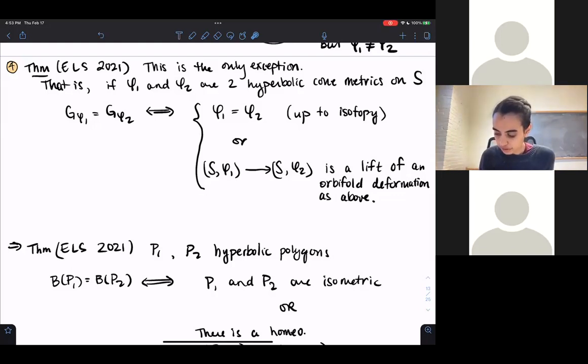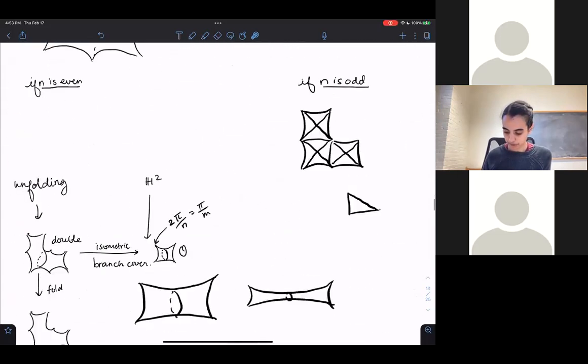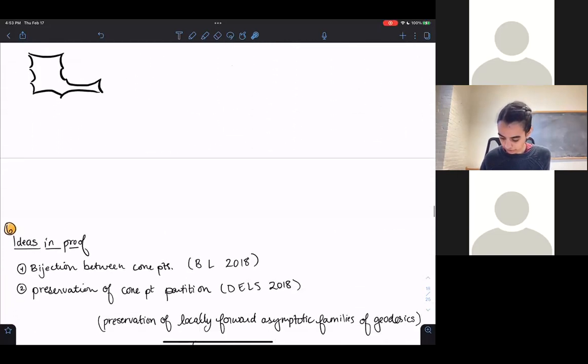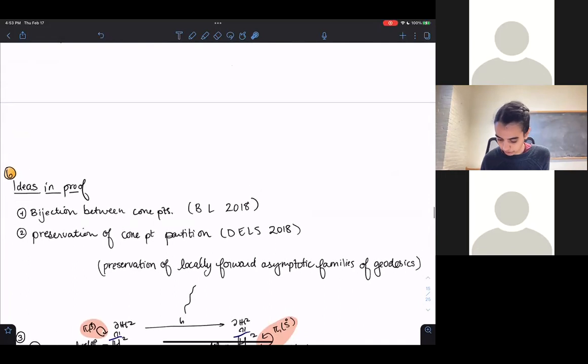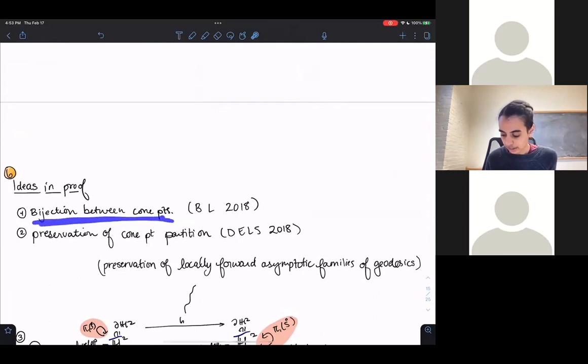Okay, so the first step here is that we want to determine how many cone points there are in each metric. That's the first thing that we do. Here, I've written an outline of the proof. So the first thing that we want to do is get a bijection between cone points. And here we follow the ideas of Bankovic and Leininger.